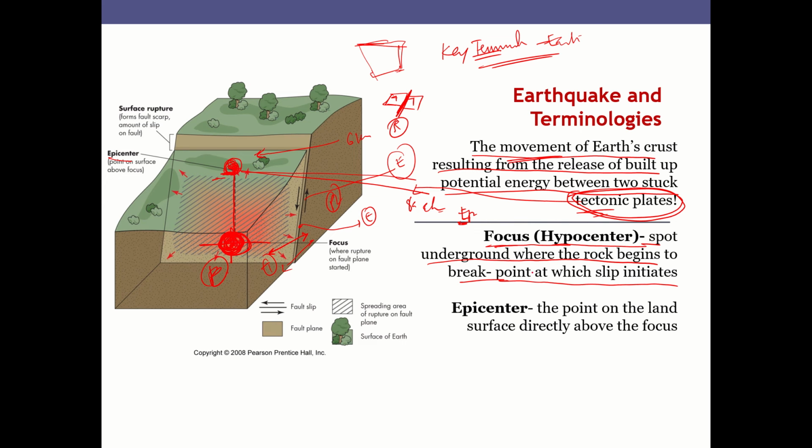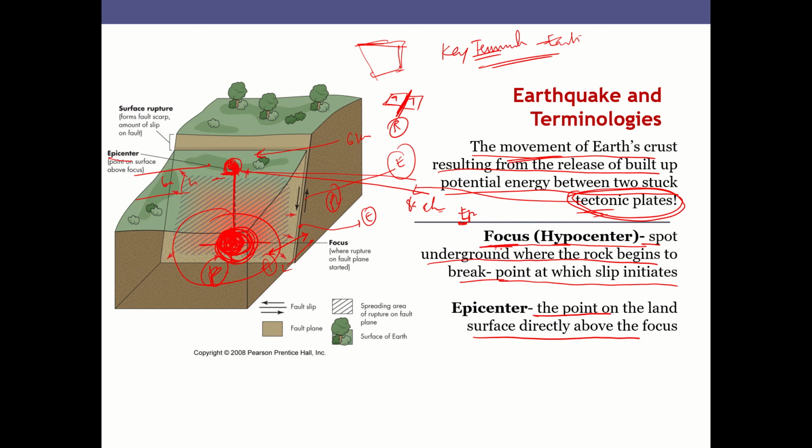The point on the land surface directly above the focus is called epicenter. The damage occurs somewhere under the earth, but we give a spatial reference on the surface and say that the earthquake has occurred 6 kilometers or 10 kilometers away from such and such place. But actually things happen underneath the earth.